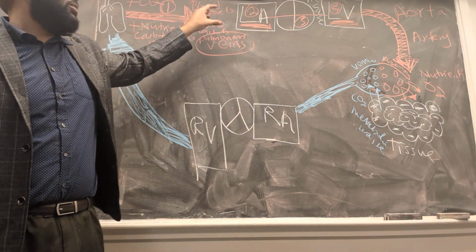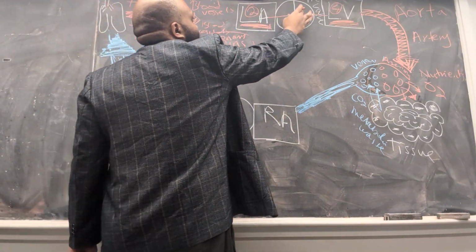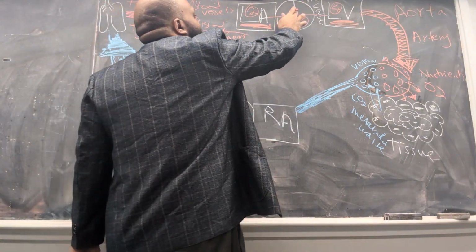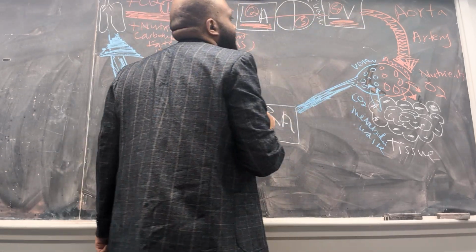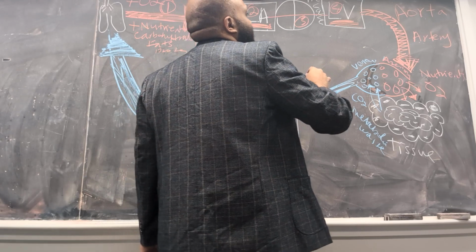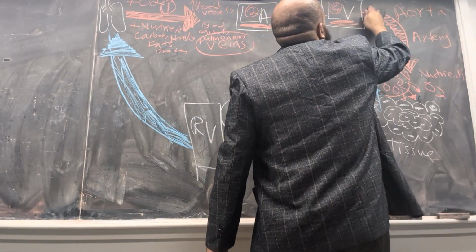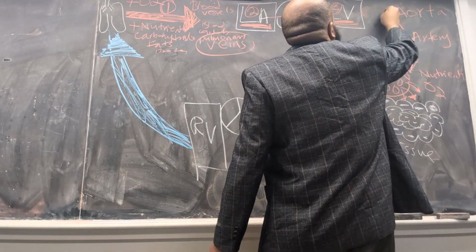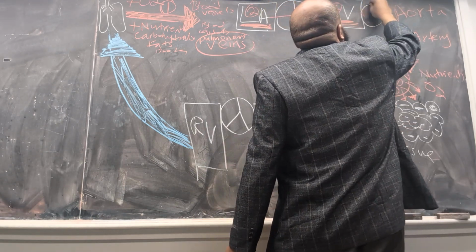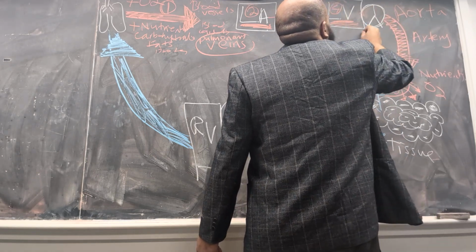Then the left atria would squeeze to allow the blood to flow through the bicuspid valve, and the bicuspid valve is going to allow the blood to go into the left ventricle, and then the left ventricle is going to squeeze, and there is a valve here between your left ventricle and your aorta, known as the aortic valve.